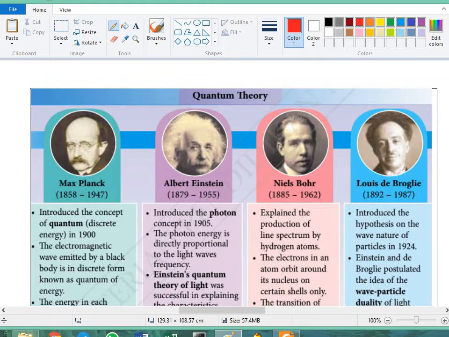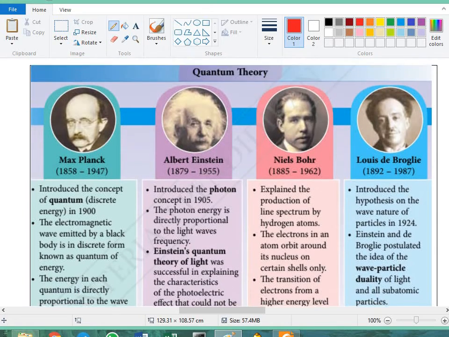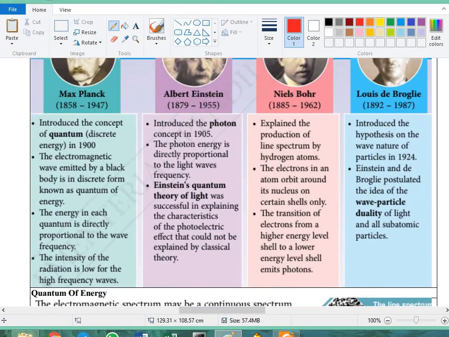So when we go into quantum theory, Max Planck introduced the concept of quantum, which is a discrete energy, and the electromagnetic wave emitted by black body is in discrete form, known as quantum of energy. The energy in each quantum is directly proportional to the wave frequency.